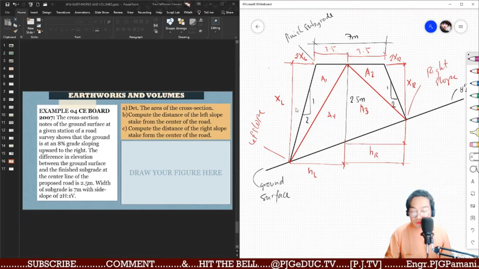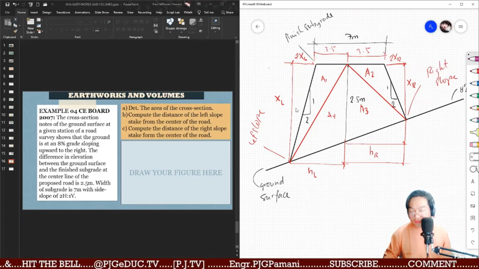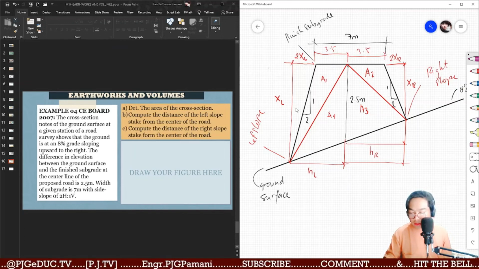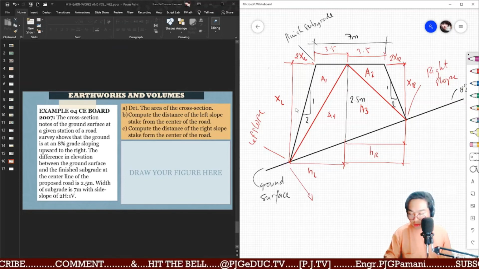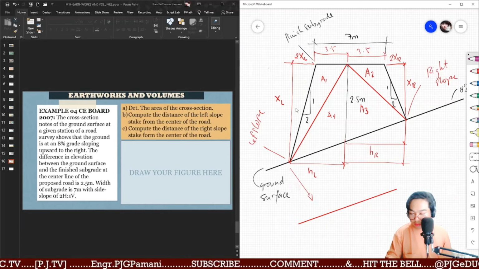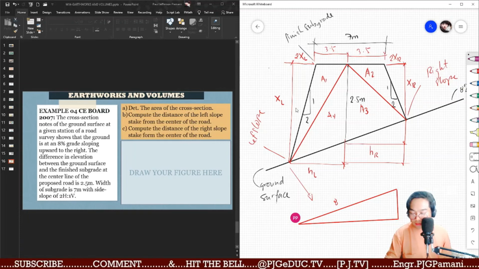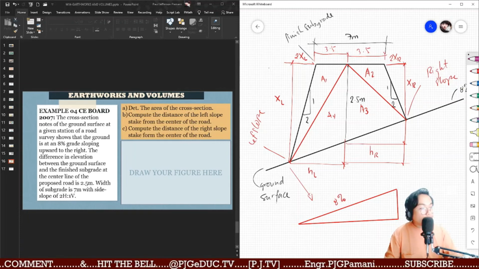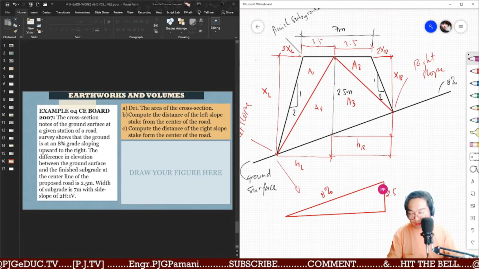Given naman na yung slope, how are we going to do that? If given yung slope, kahit ito na lang muna umpisahan kong ibigay sa inyo. Given yung slope, kunin natin yan by slope analysis. Ito yung ating slope na 8%. Okay? Then, ito yung 2.5 minus XR.